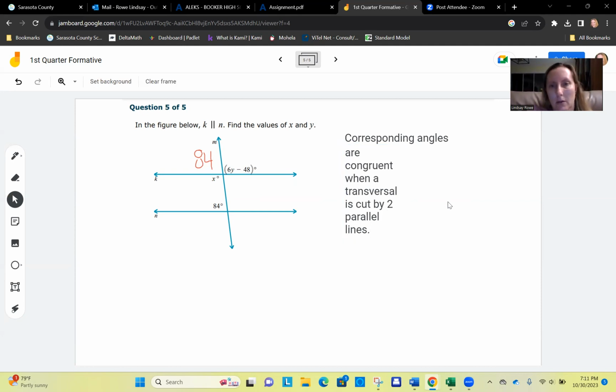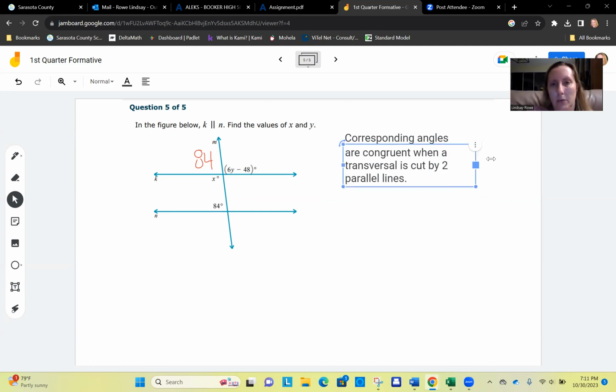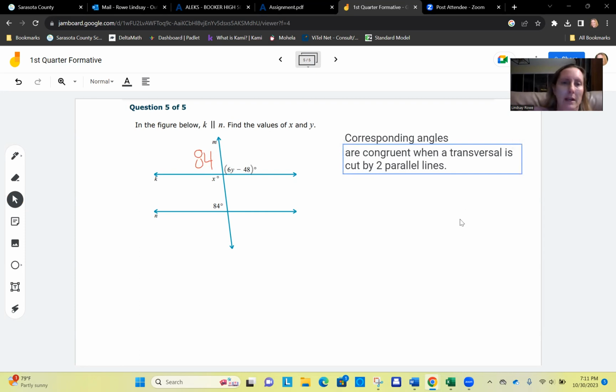Okay, so that only works when we have this beautiful transversal here that has the lines parallel. So that's why this angle is 84 and this angle is 84.